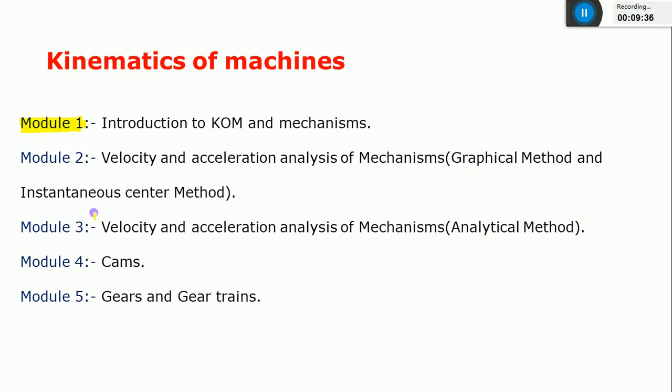Compared to the graphical method, the instantaneous center method is very much easy, so first we'll try to cover that one in the second module. The third module is the same, in which you find the velocity and acceleration of a kinematic link using standard equations. And then comes module number 4, cams.